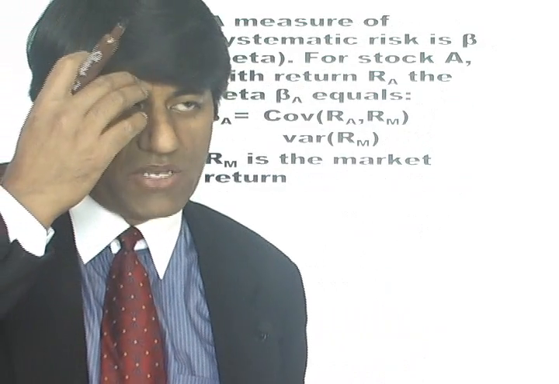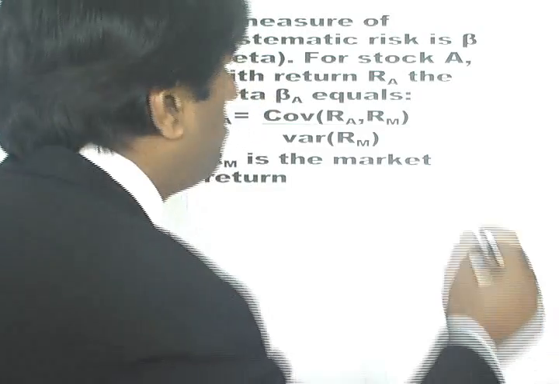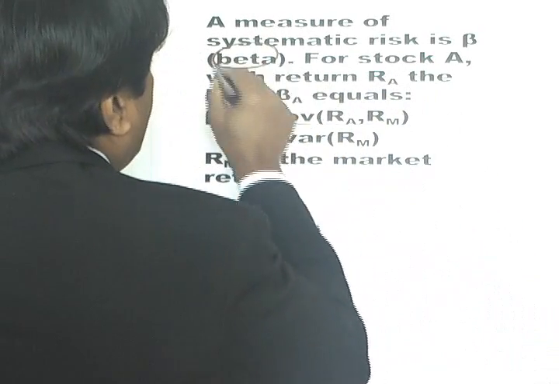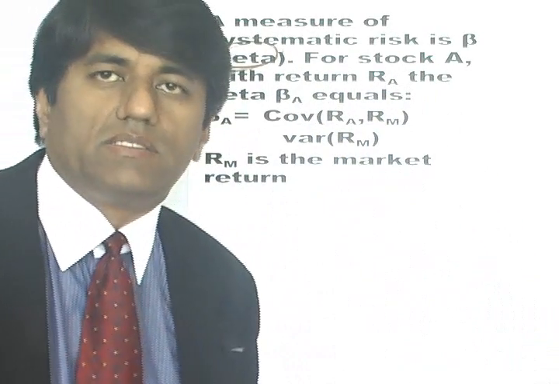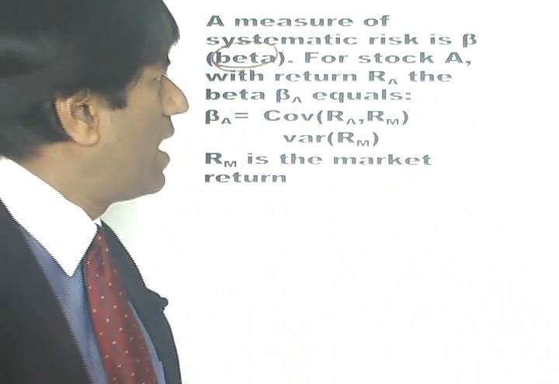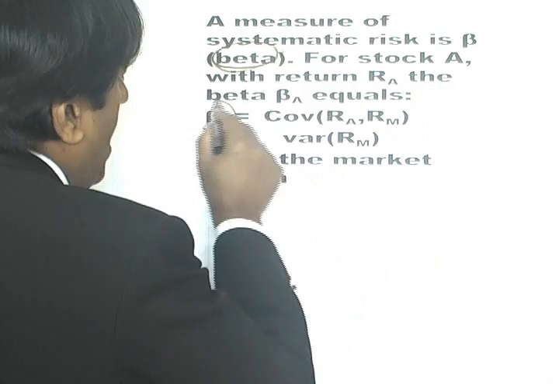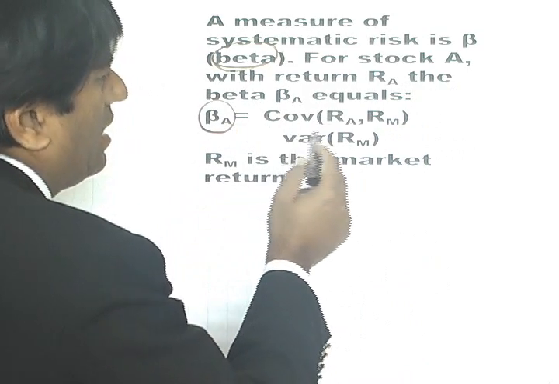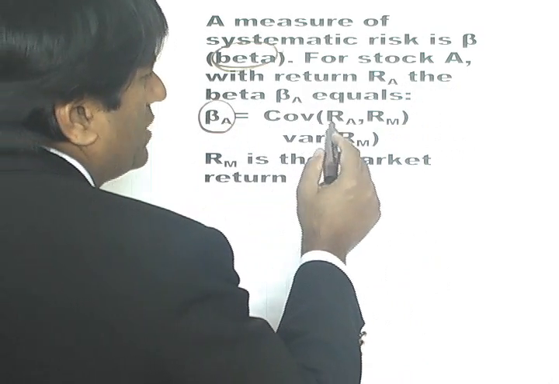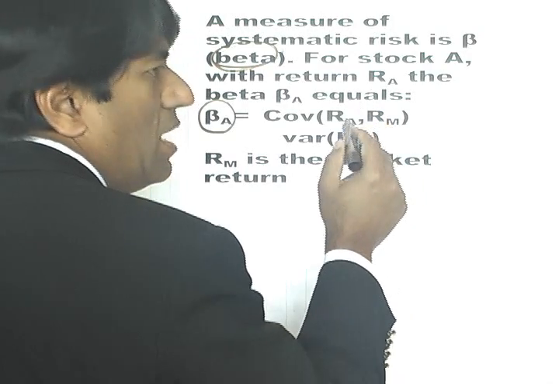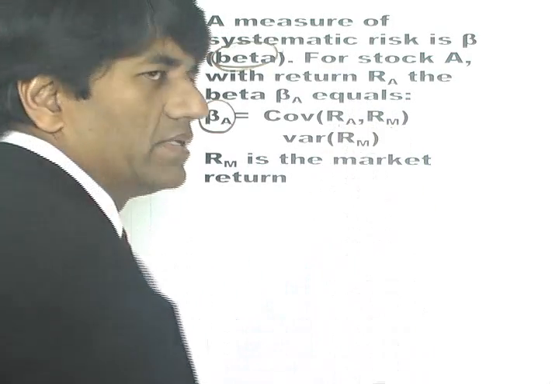The measure of systematic risk is called beta. And that's a word you'll hear a lot in finance. Now, beta, for an asset A, is defined as the covariance between the asset and the market.